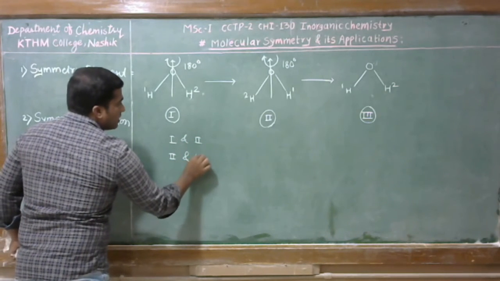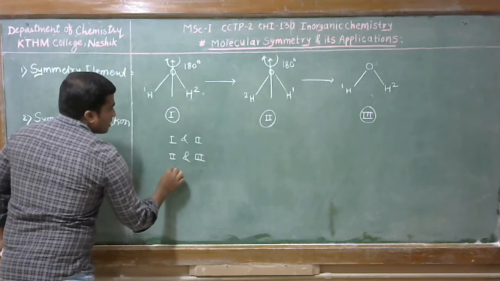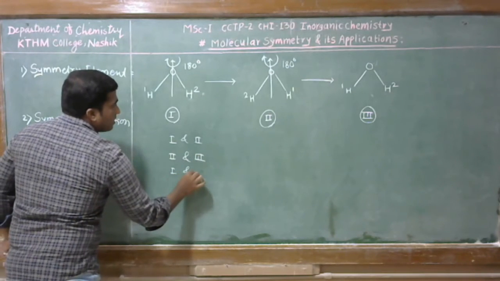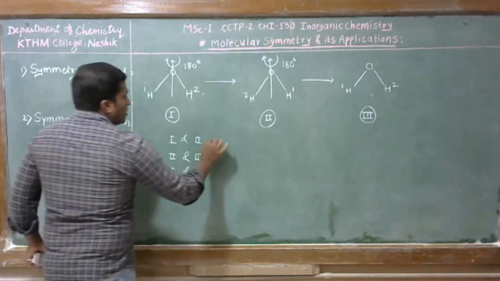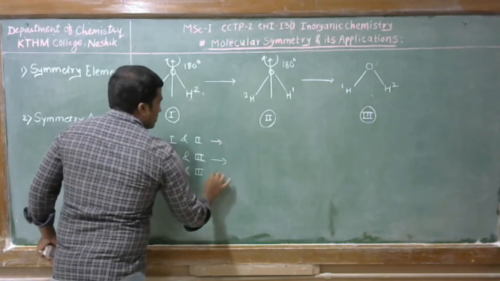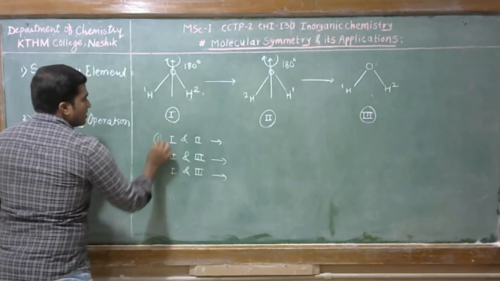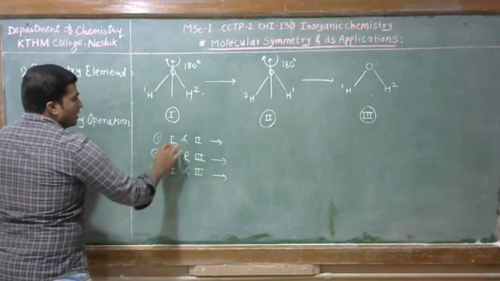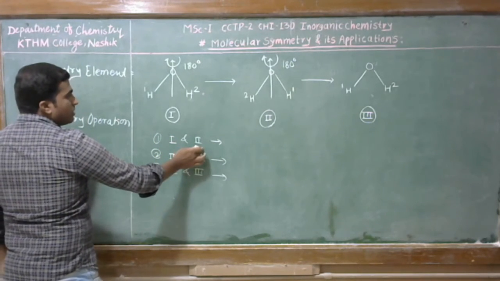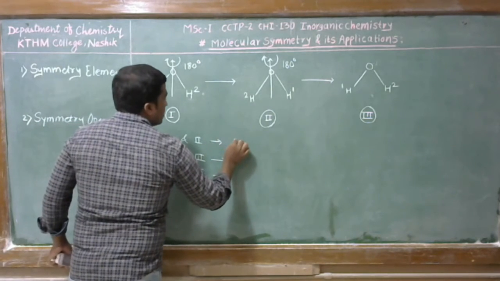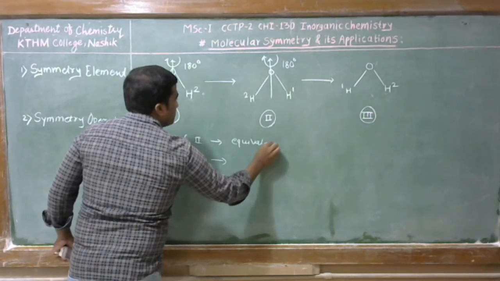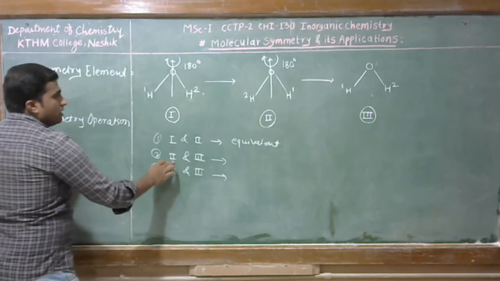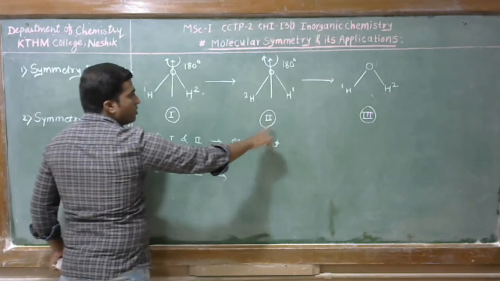Now let us consider configuration number 1 and configuration number 2, second, configuration number 2 and configuration number 3, and last one, configuration number 1 and configuration number 3. Okay. So in the first case, configuration number 1 and configuration number 2 are equivalent. Next, see configuration number 2 and 3.